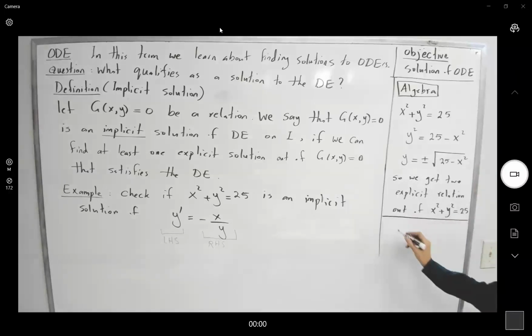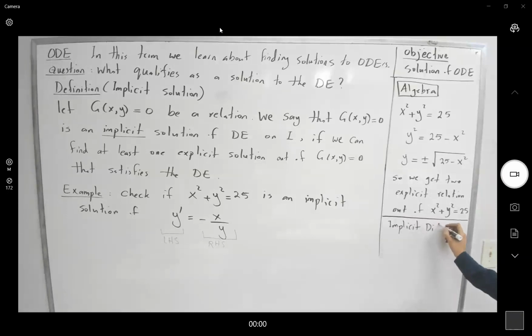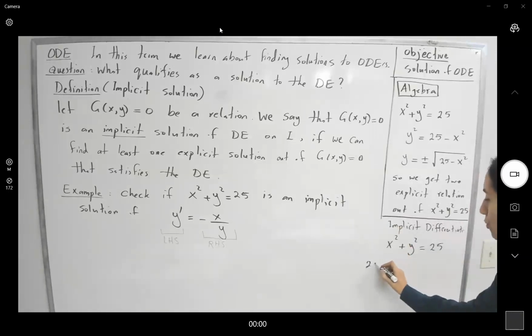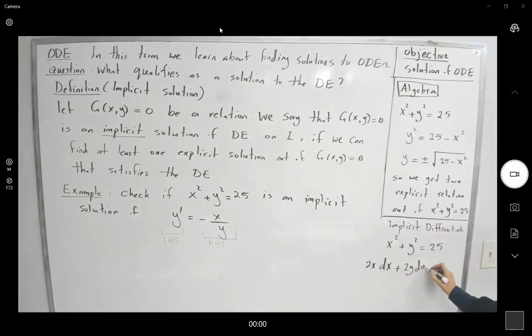Recall that for implicit differentiation, if you have x squared plus y squared equals to 25, the implicit differentiation says, hey, I have 2x dx plus 2y dy equal to 0.